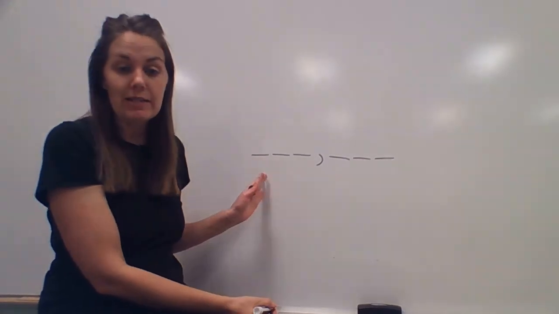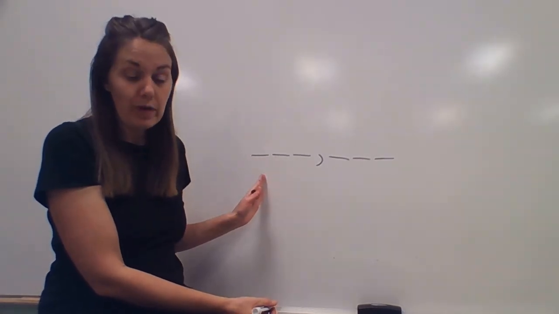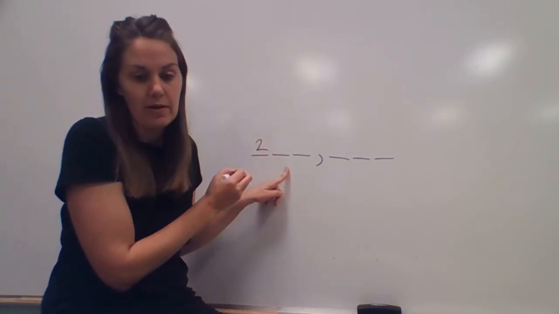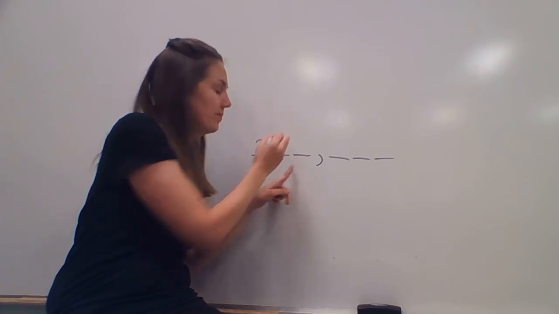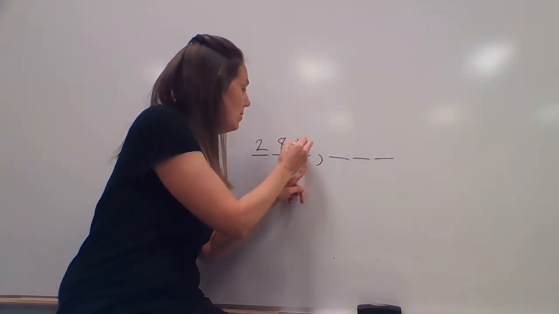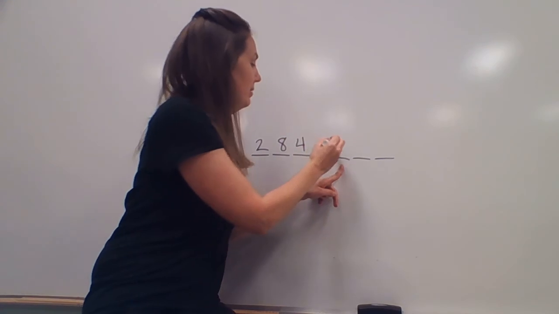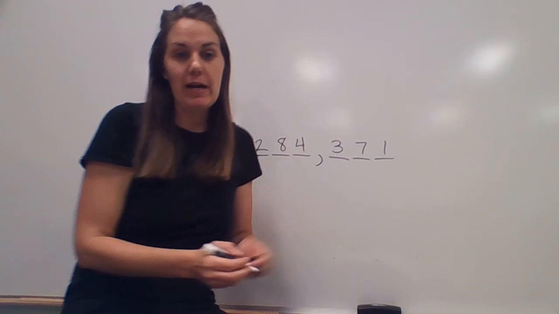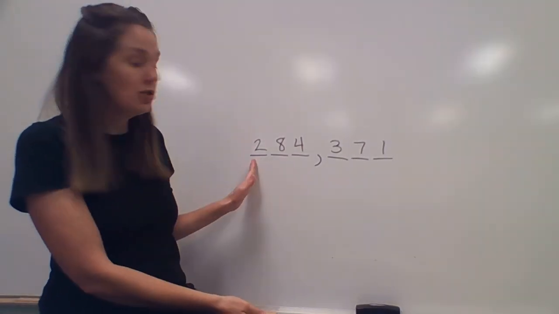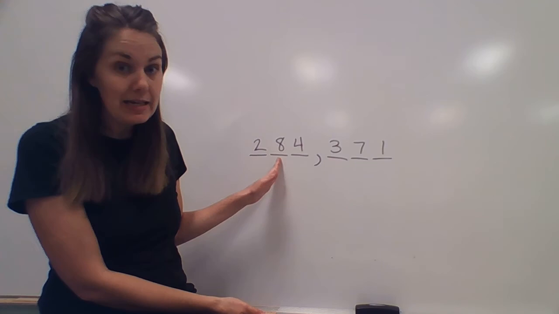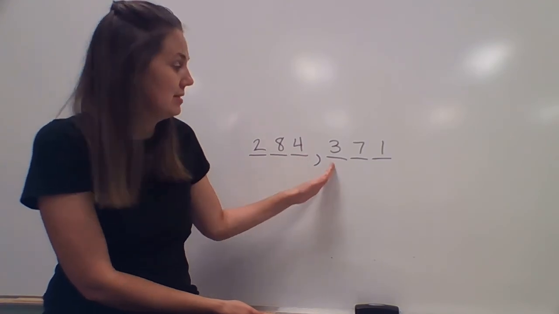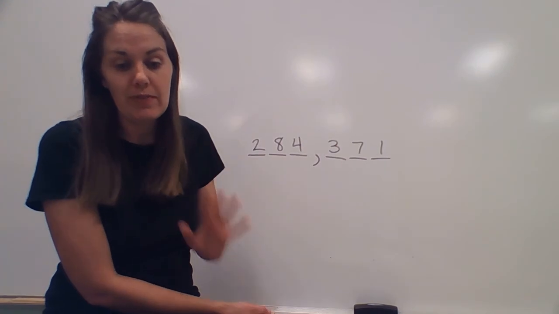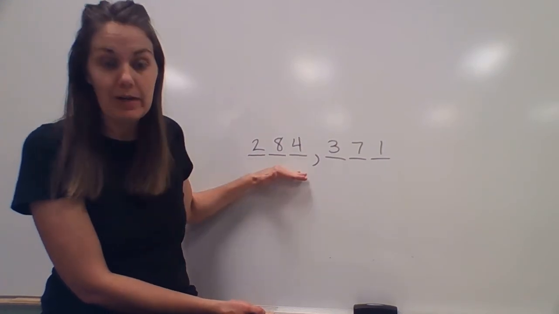If we were filling these in, we would start with the 2 as the first digit, followed by 8, followed by 4, followed by 3, followed by 7, and lastly we would have 1. That's the 200,000s, 8 10,000s, 4,000s, 300s, 7 10s, and 1 1 that is shown in the place value chart. But this is how it would be written.